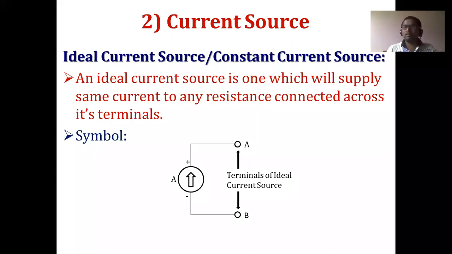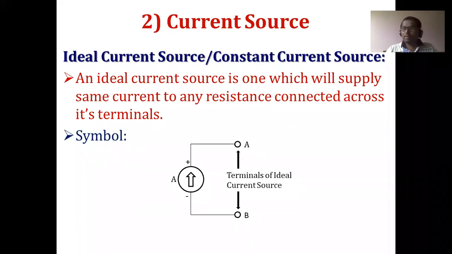It means that the current for each resistance connected in between the point A and B is the same. That's why we call this ideal current source a constant current source.